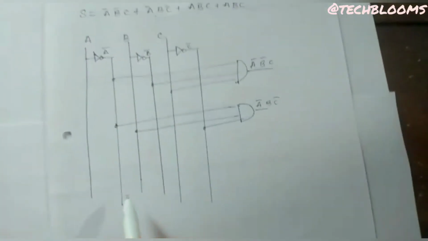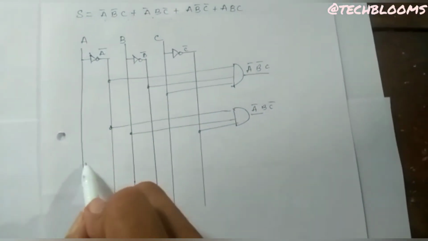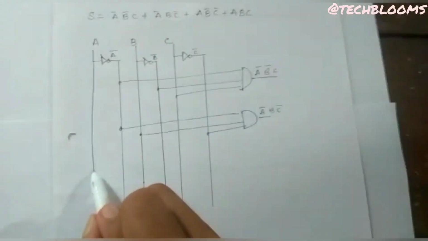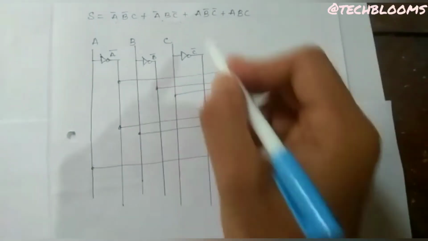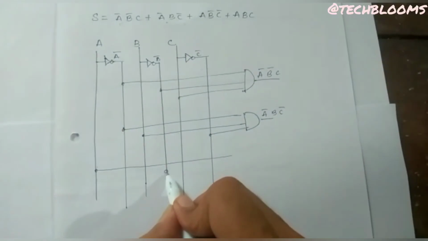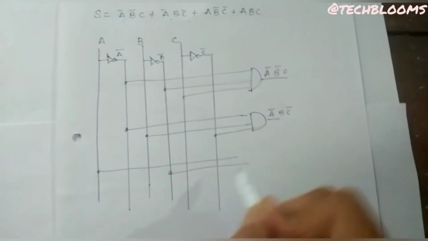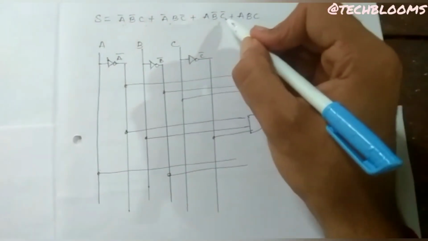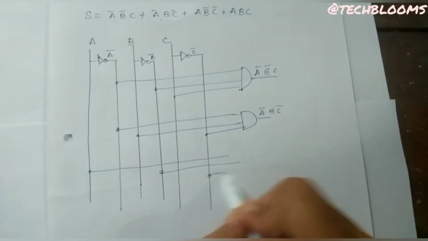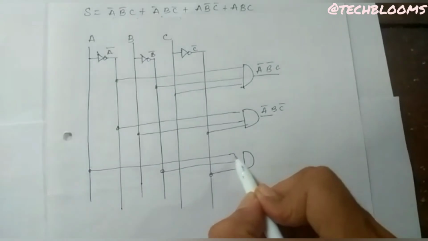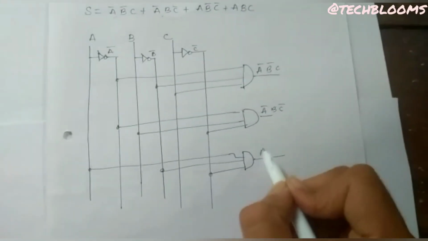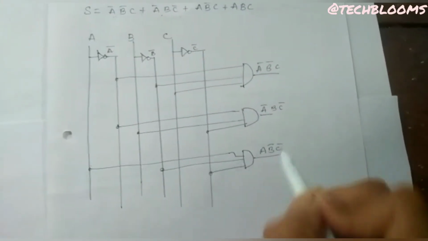For the third one I have to take A, then B bar, and last is C bar, and all this will be A B bar C bar.